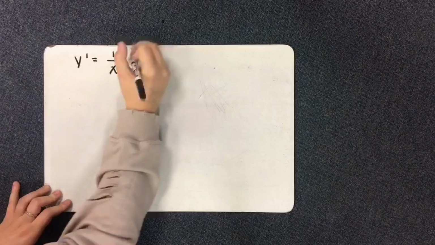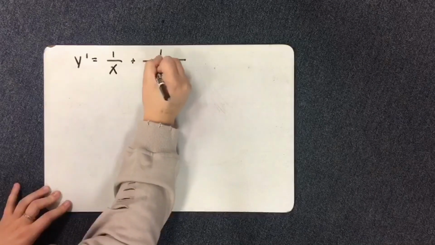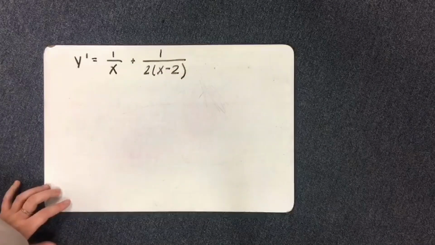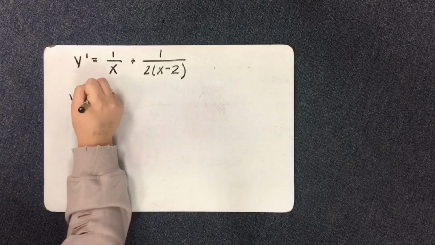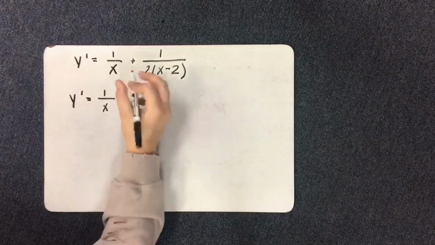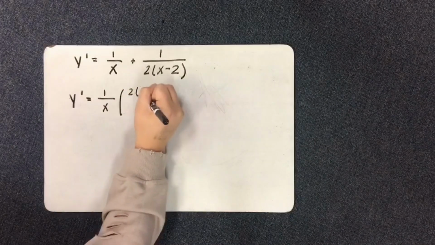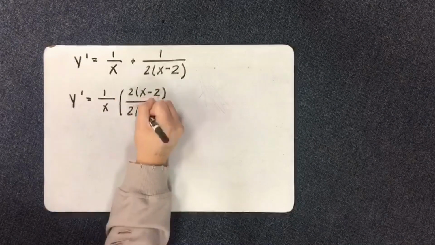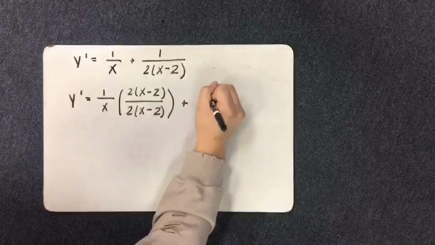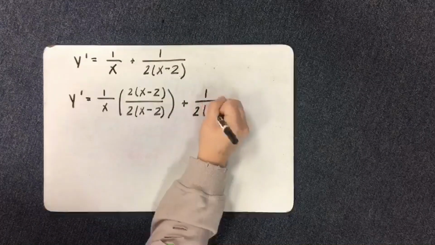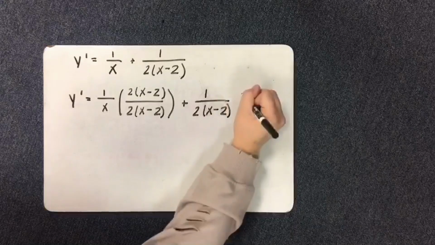After finding the derivative, we need to simplify it by finding the least common denominator and adding like terms. First, multiply 1 over x with 2 times the quantity of x minus 2 over 2 times the quantity of x minus 2, and 1 over 2 times the quantity of x minus 2 with x over x.